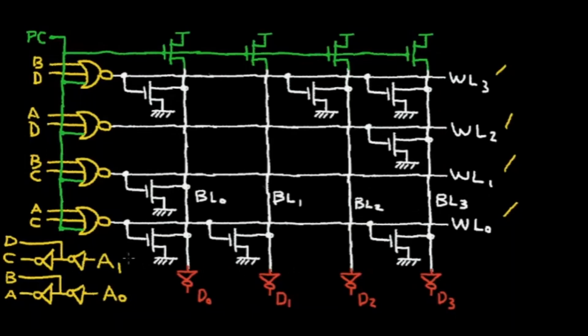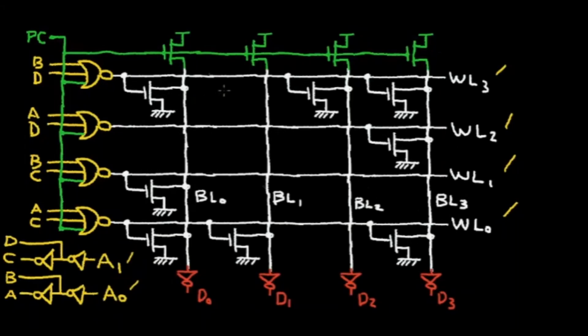Now I have 2 address bits. I have address 0 and I have address 1. And 2 bits allows me to select the 4 different word lines. So when the word line is selected, the output of the selected NOR gate will go to a logic 1. And if a transistor is present, that transistor is represented as a 1 data.